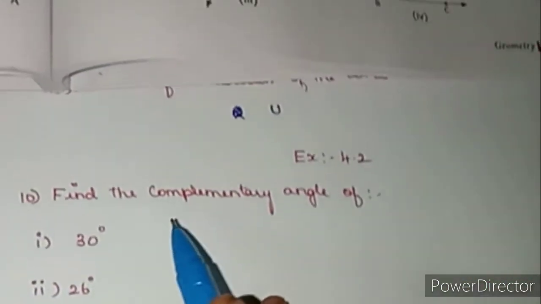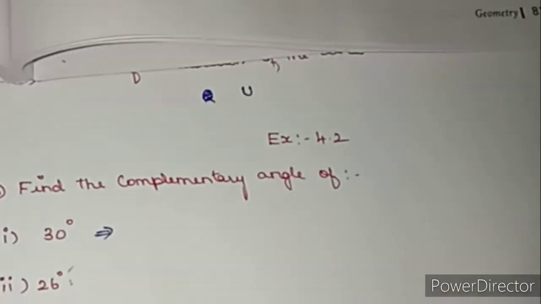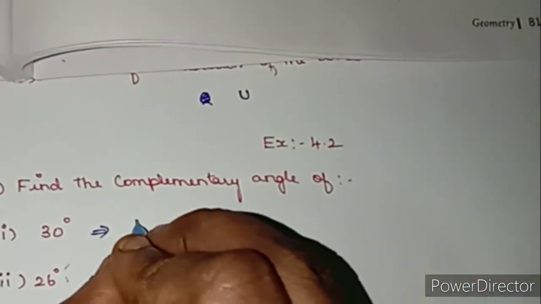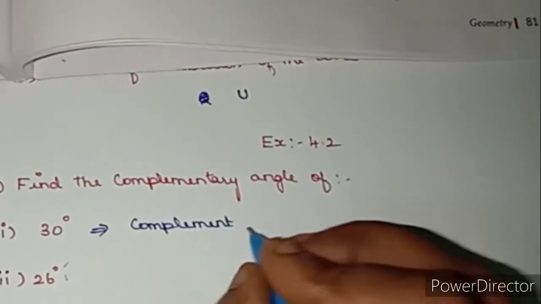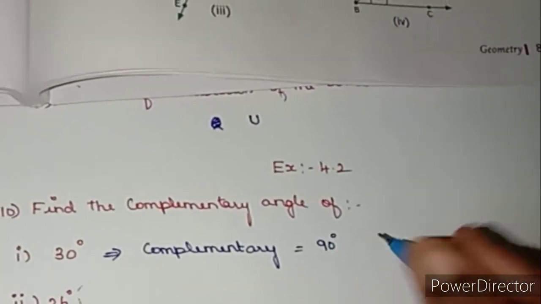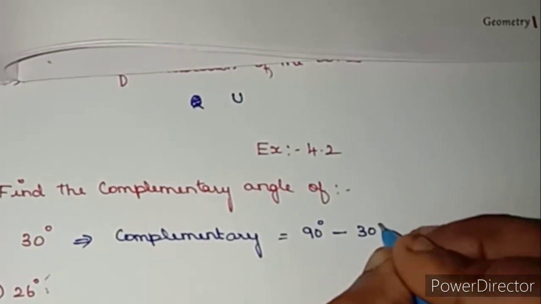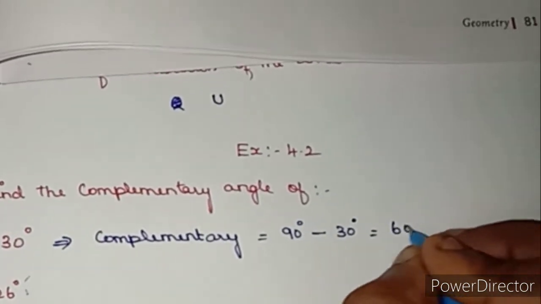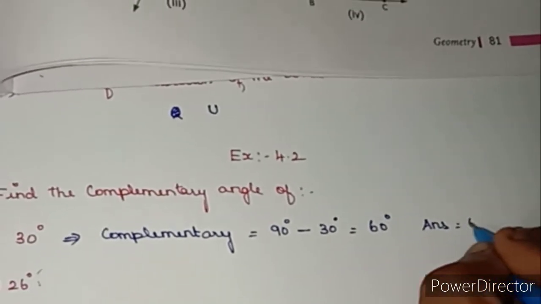See this one here. Find the complementary angle of 30 degree. As I told you, what is complementary? Complementary means 90 degree. So complementary of 30 degree is 90 degree minus 30. It is 60. So the answer is 60.